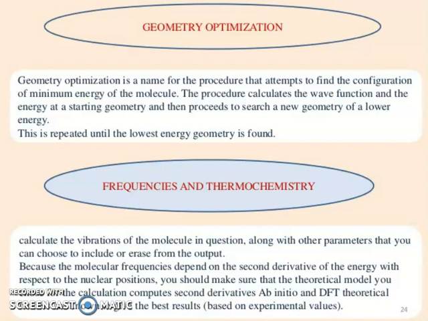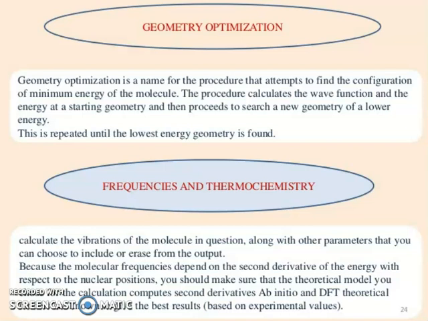The procedure calculates the wave function and the energy at a starting geometry and then proceeds to search for a new geometry of lower energy. So overall, it calculates the most stable or optimized structure geometry. This is repeated until the lowest energy geometry is found.